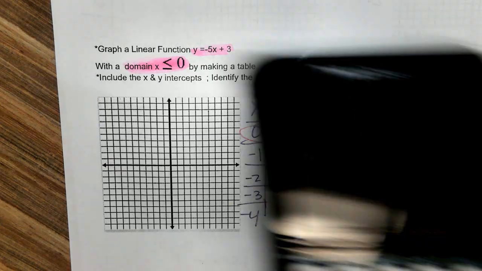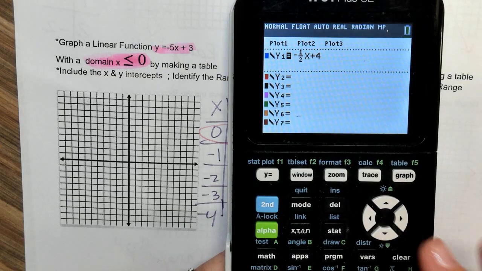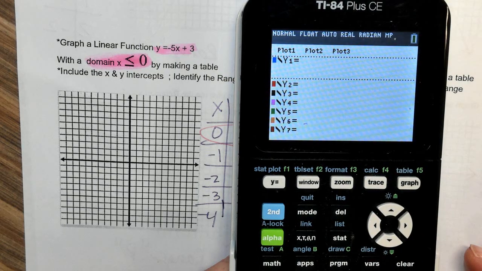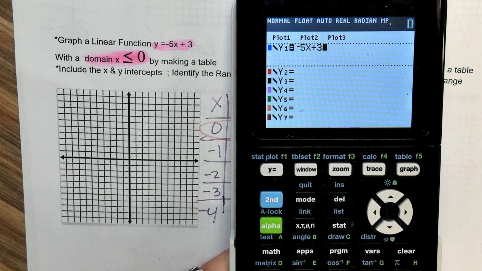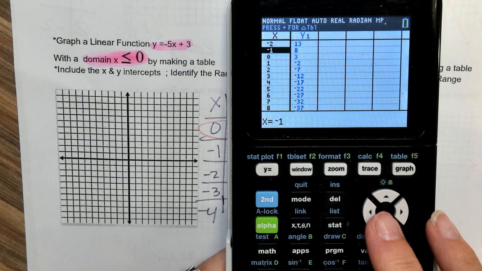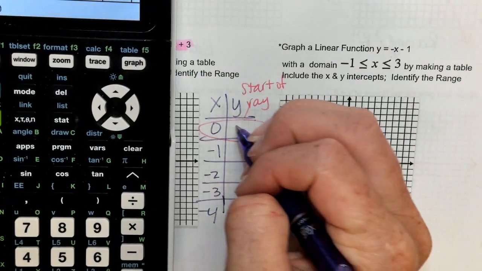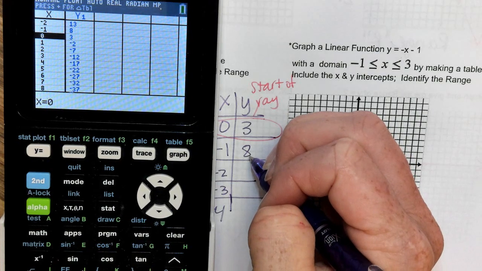Go to your y equals button and fill out your table. So -5x plus 3. Go to your table. When x is 0, y is 3. When x is -1, y is 8.